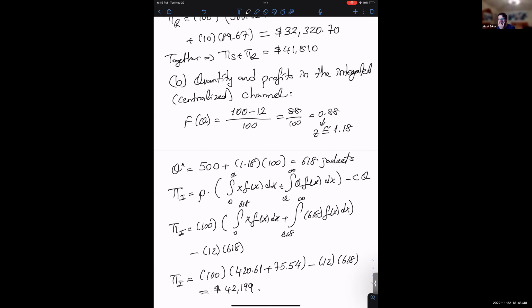Of course, as expected, the integrated channel makes more money. Compare that with 41,810. But without buyback, they're going to together make even less than 41,000. Not probably, I know that it will be less than 41,810. So this concludes the first question.